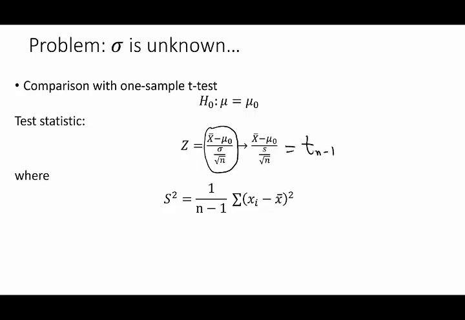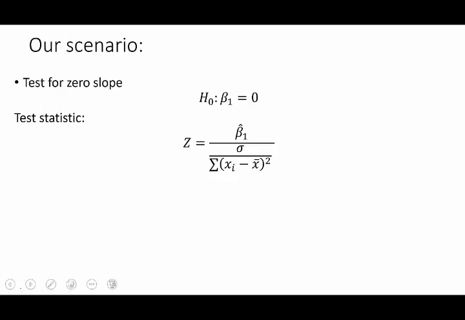So you can guess that there's going to be something similar happen here. We want to be able to say, well, I don't know sigma, so I'm going to replace it with something, and then the resulting distribution is going to flip from being a z distribution to some kind of t distribution with an unknown degrees of freedom.